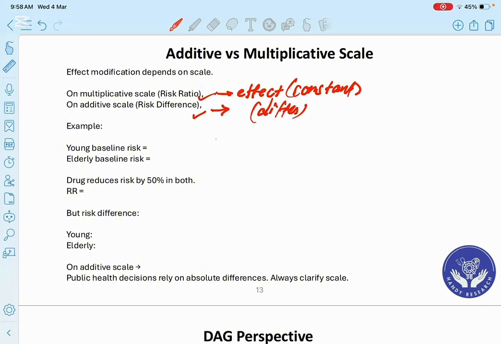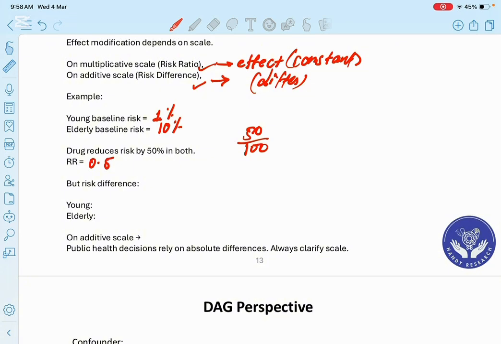Example: baseline risks, there is a risk of 1% in young and 10% in elderly. Now, a drug reduces risk by 50% in both. If the drug reduces risk by 50% in both, then the risk ratio is 0.5. But what risk difference do we get? In young, a 0.5 risk ratio gives only 0.5% reduction.